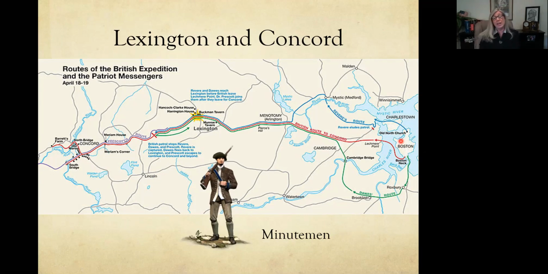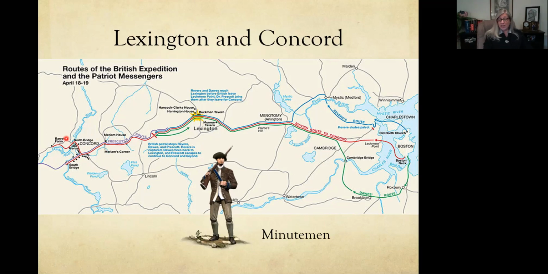The loyalists have indicated that Sam Adams and John Hancock are hiding out in the little town of Lexington, which would be over here, and that they are plotting and growing the Sons of Liberty. And there's also been a rumor that over here in Concord, there are stockpiles of weapons on this farm that's across the Old North Bridge, across the Concord River, and that it is being stored there.